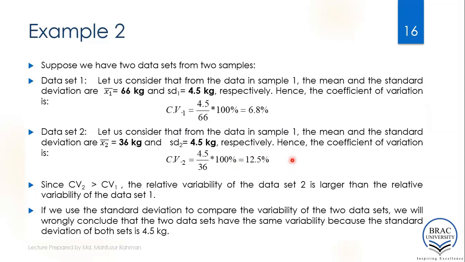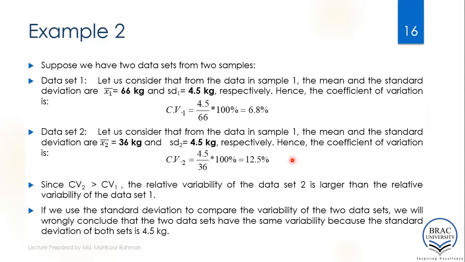As the second dataset has a larger coefficient of variation, the relative variation of dataset 2 is larger than that of dataset 1. If we used the standard deviation to compare the variability of the two datasets, we would wrongly conclude that they have the same variability, because the standard deviation of both sets is 4.5 kg.